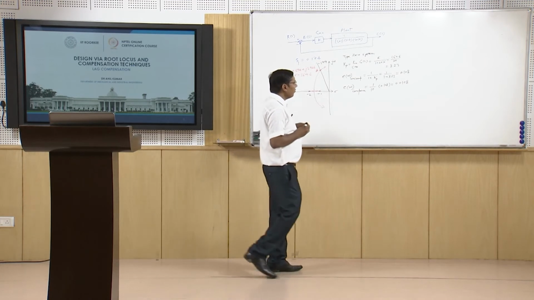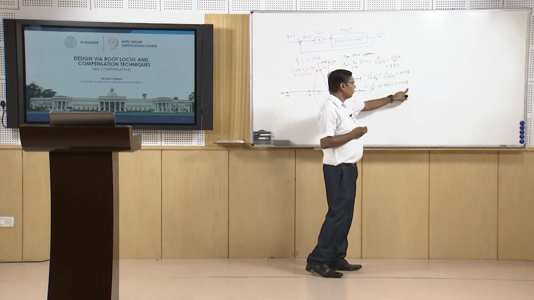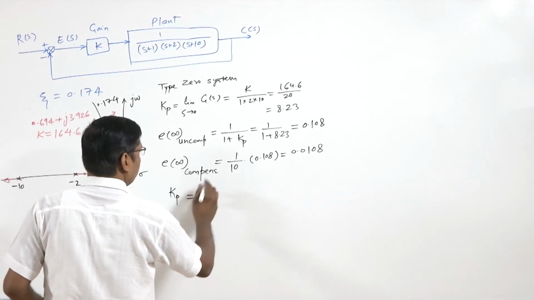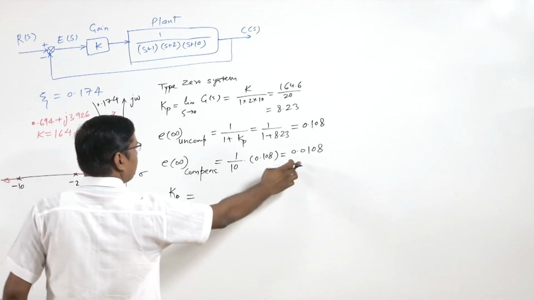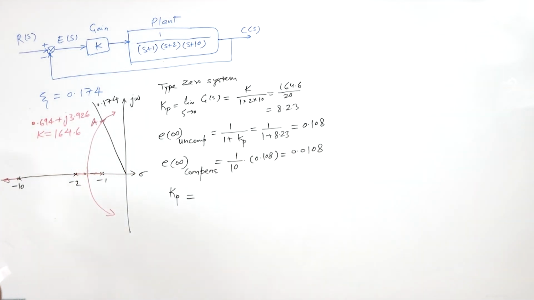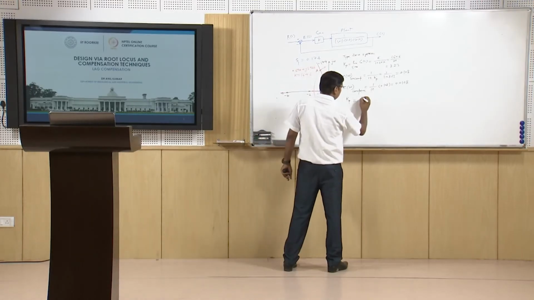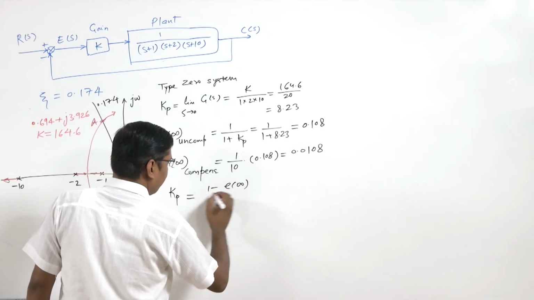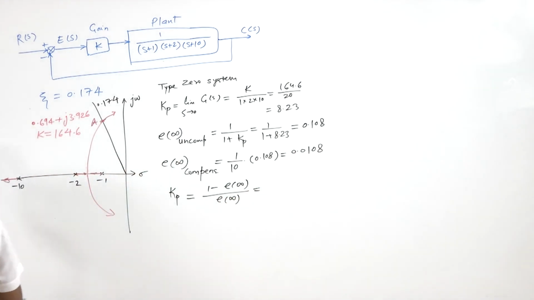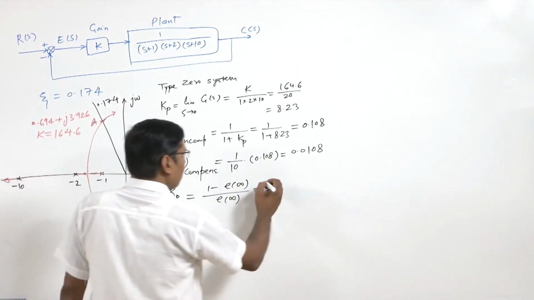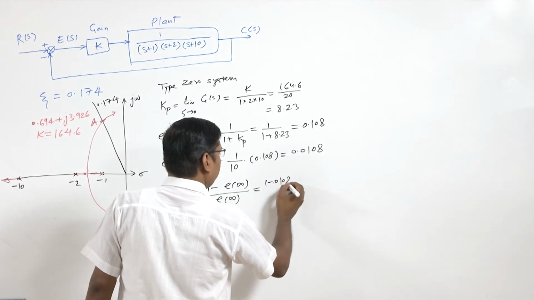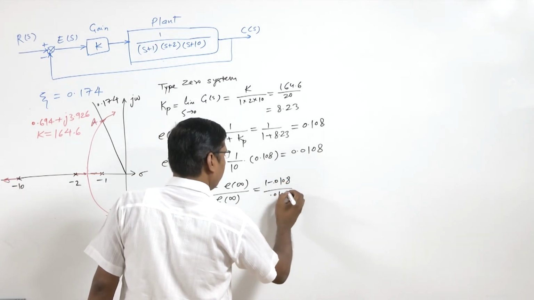So what will be the value of Kp to obtain this? We can use this here: Kp equals (1 minus e_ss) divided by e_ss, so 1 minus 0.0108 by 0.0108.